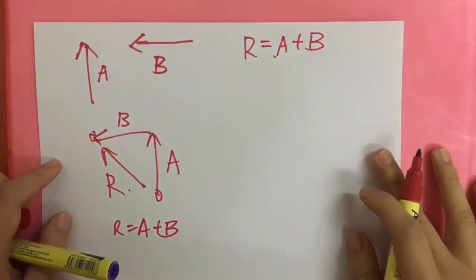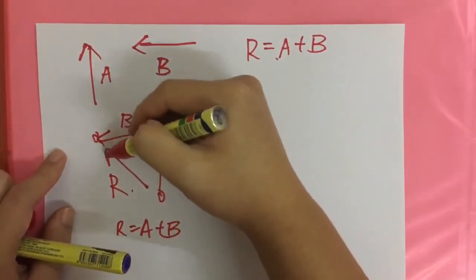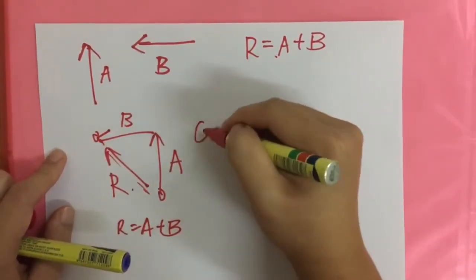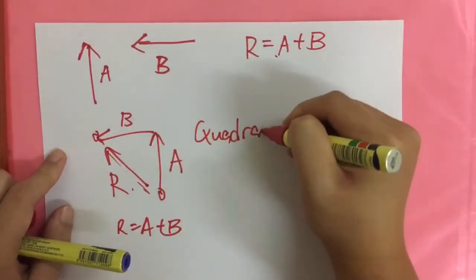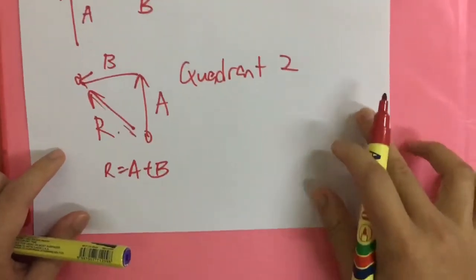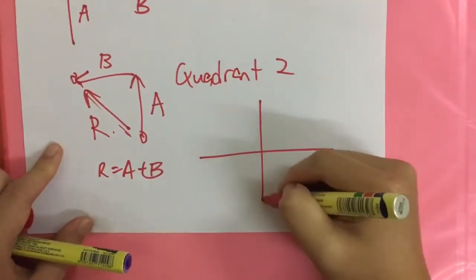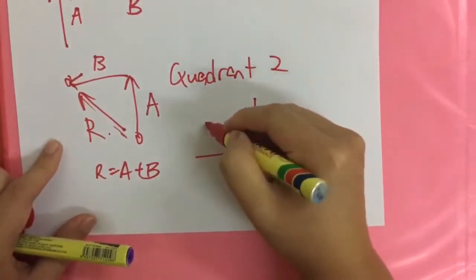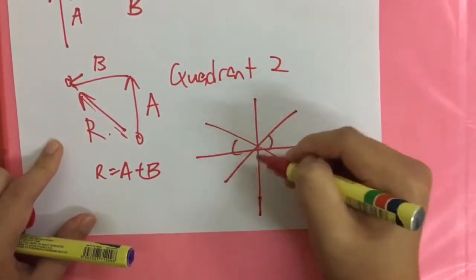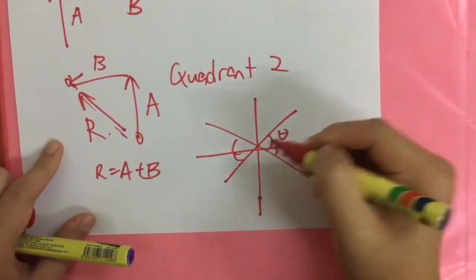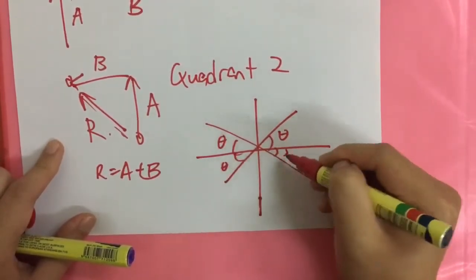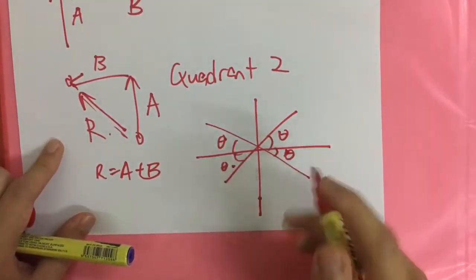So this resultant is located in quadrant 2. What is a quadrant? We have 4 quadrants. Every angle theta is located within these 4 regions.